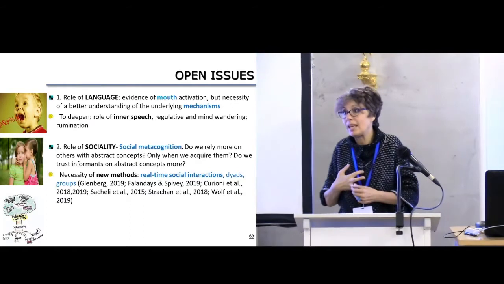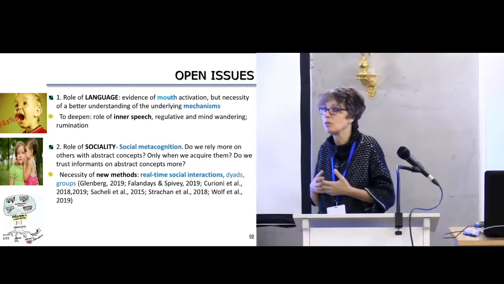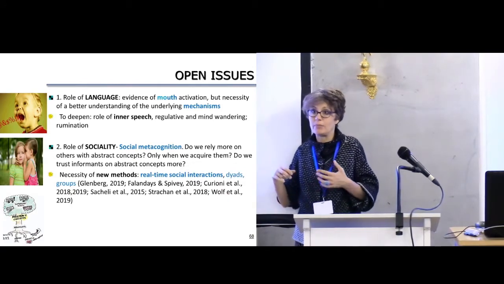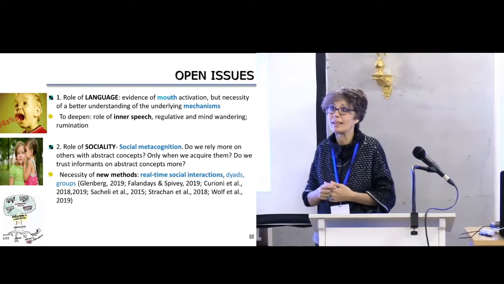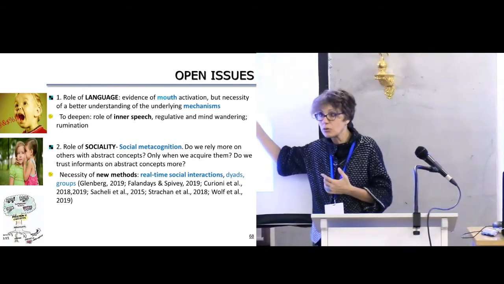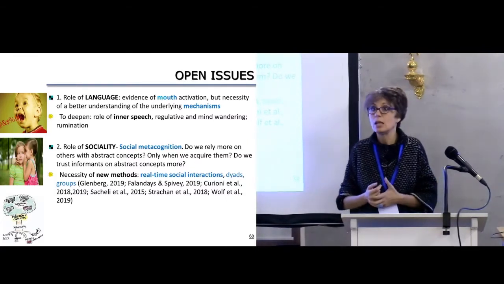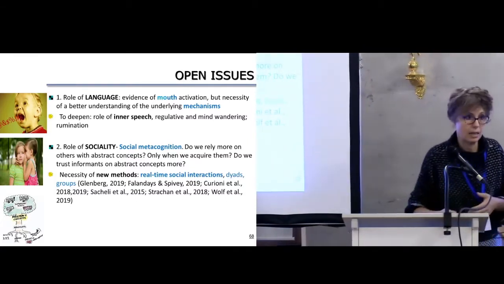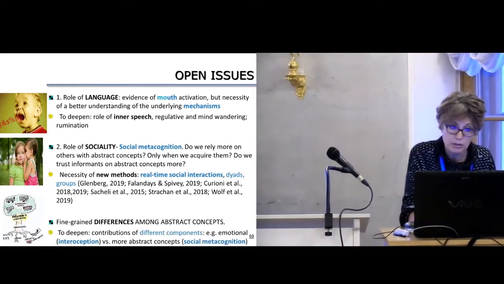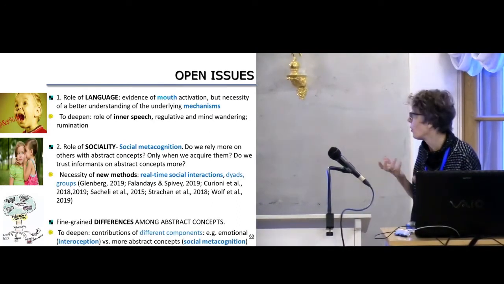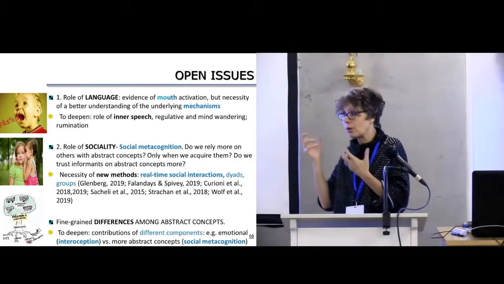And also, we think that it's important to use different methods, other methods, so to use more interactive methods, because if sociality is so crucial, in particular for abstract concepts, we should study them in interaction, so in peers and groups, etc. And also we should consider fine-grained differences among abstract concepts and identify better the role of the different components.